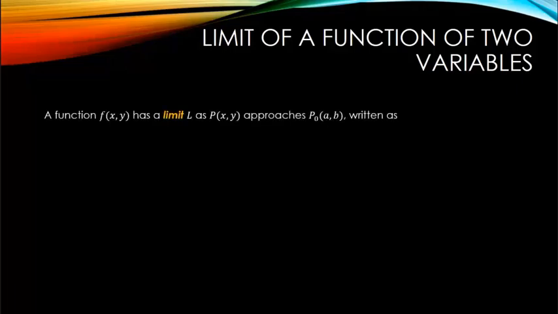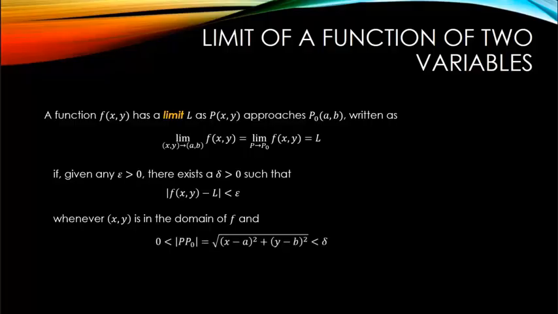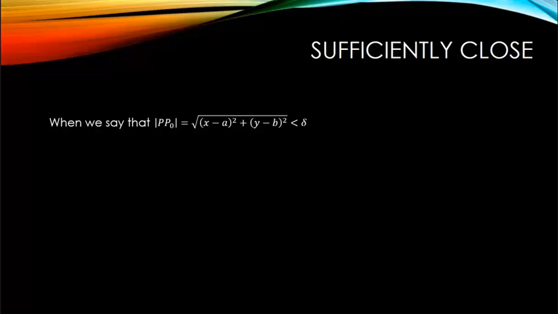A function f of x y has a limit L as P of x y approaches P naught of a b, which is written in limit notation as the limit as x y approaches a b of f of x y is equal to the limit as P approaches P naught of f of x y, which is equal to L, if given any epsilon greater than 0, there exists a delta greater than 0, such that the distance between my function value and the limit L, written as the absolute value of f of x y minus L, is less than epsilon whenever x y is in the domain of f and 0 is less than the distance between P and P naught, which is given by the square root of the quantity x minus a squared plus y minus b squared, which has to be less than delta.